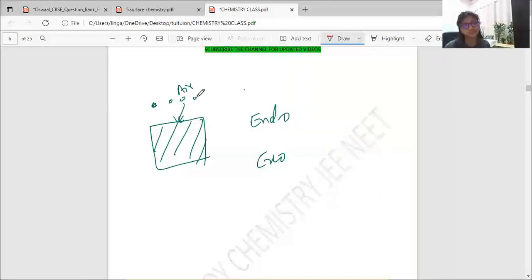Air molecules before adsorbing and after adsorbing, I am calling the air molecule A. Now, in which case does A have more energy, A1 or A2? Before adsorbing or after adsorbing?